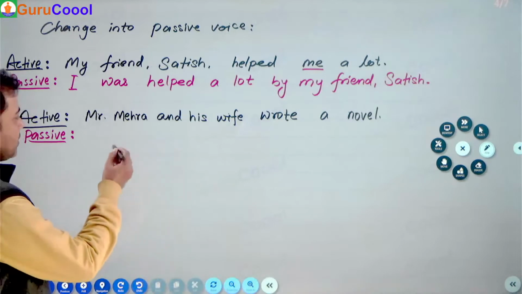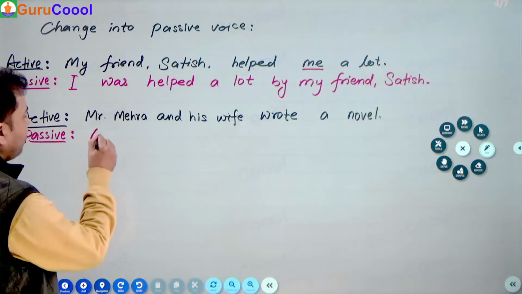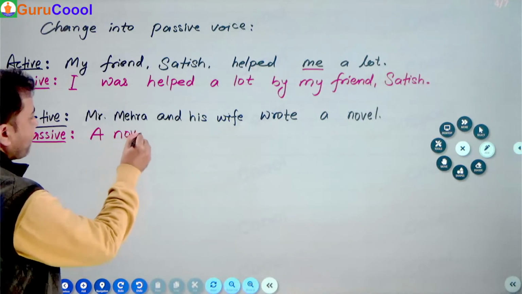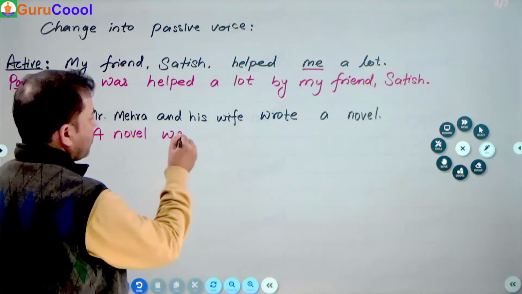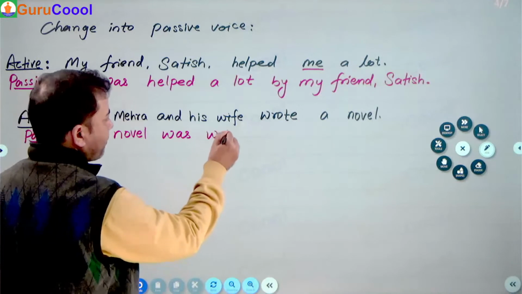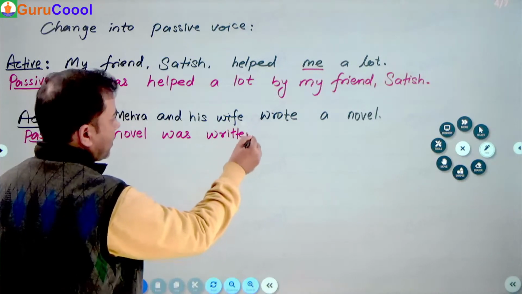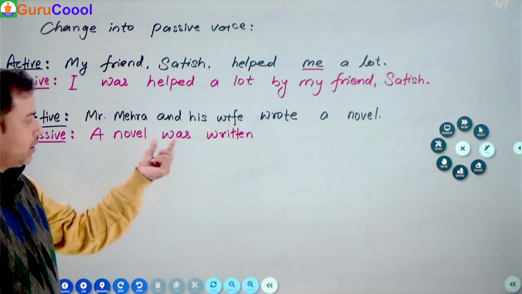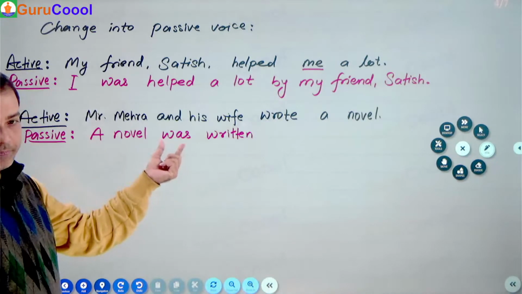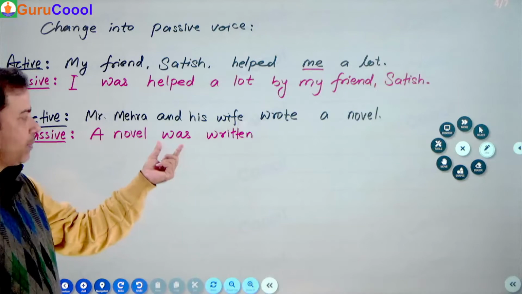So the answer is a novel was written. A novel is singular, so you should write was, not were. Understood, Palak?